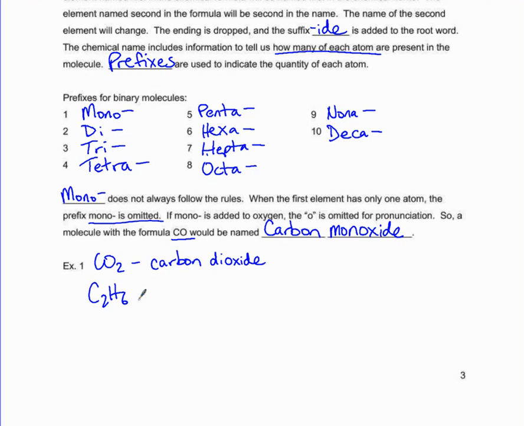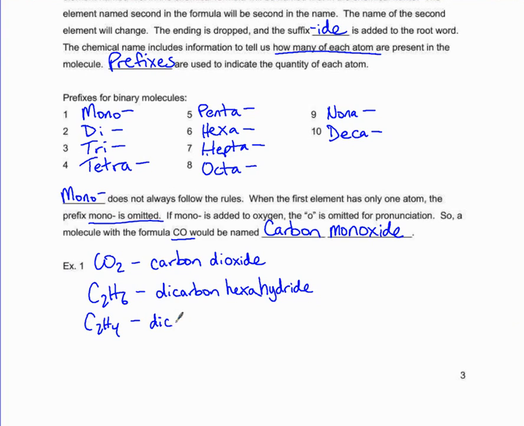This one is C2H6. We see that it has 2 carbons, so we call it dicarbon. And here's a 6, hexa. And hydrogen is a little bit weird. It becomes hydride, hexahydride. Here's C2H4, 2 carbons.